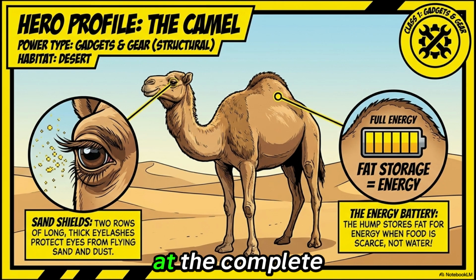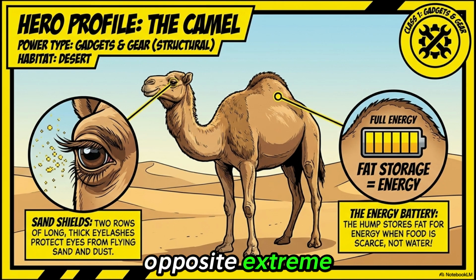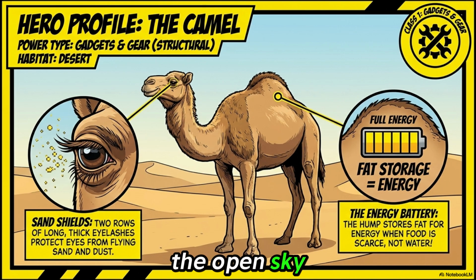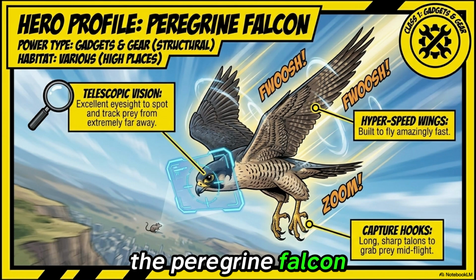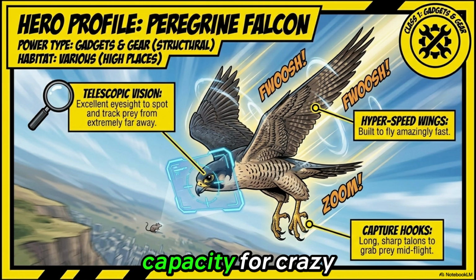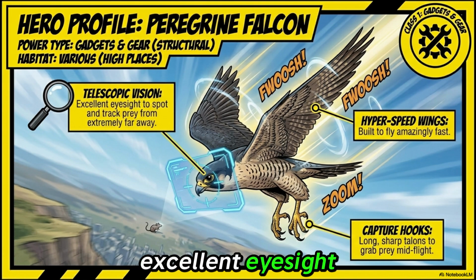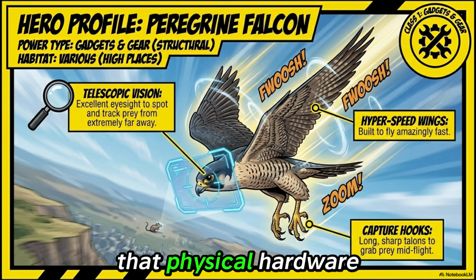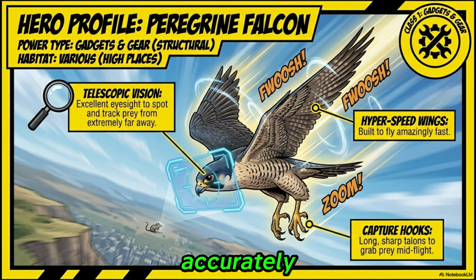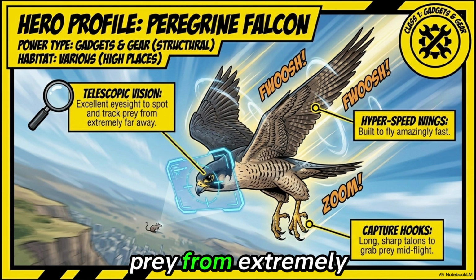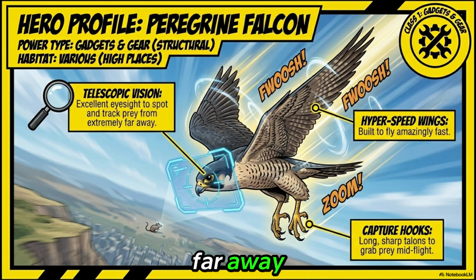Now, let's look at the complete opposite extreme, the open sky. The peregrine falcon evolved the structural capacity for crazy fast flight and excellent eyesight. That physical hardware allows it to accurately spot and track prey from extremely far away.